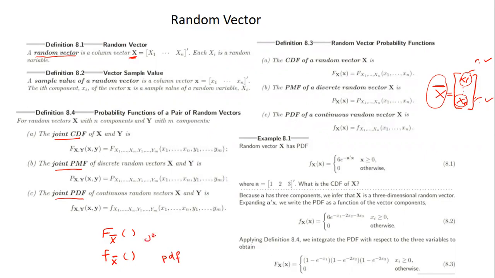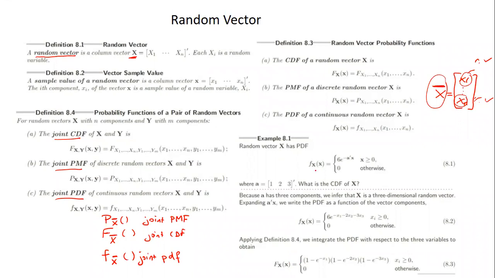So joint CDF, joint PDF, and also we define joint PMF, again with vectors, so a bar. All are valid here. And we have an example here.